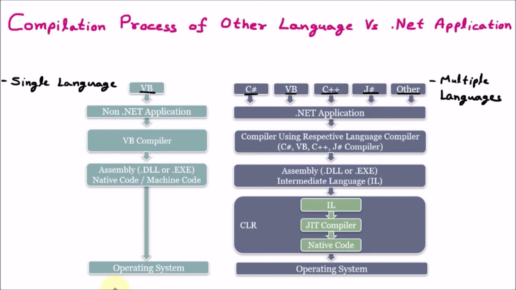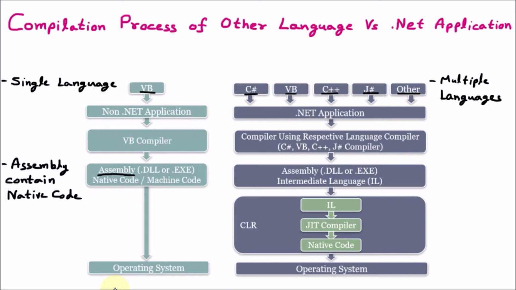Now we know that whenever we compile the application, it is converted to the assembly. And we know that assembly is the very first file from where the project starts. So here the assembly contains the native code or the machine code.